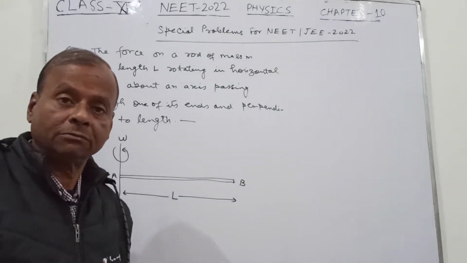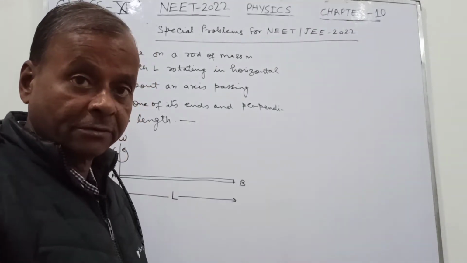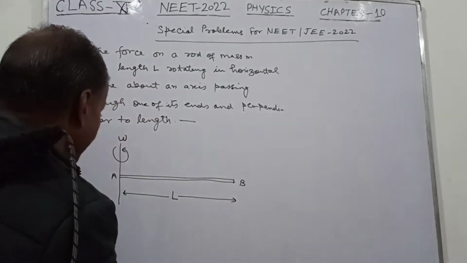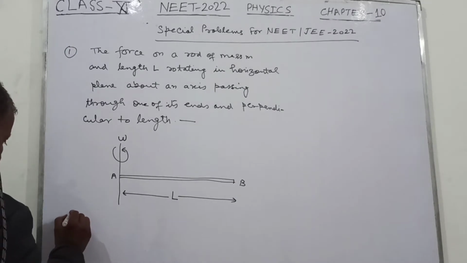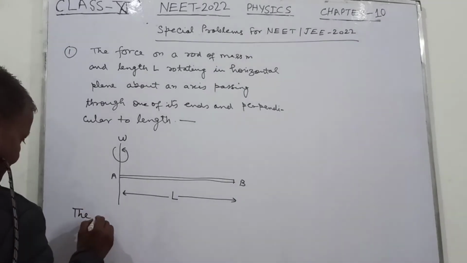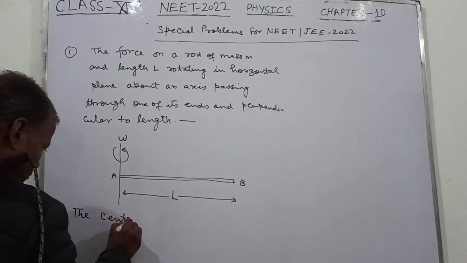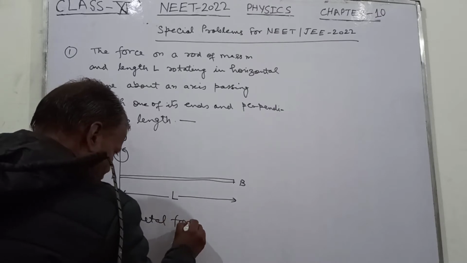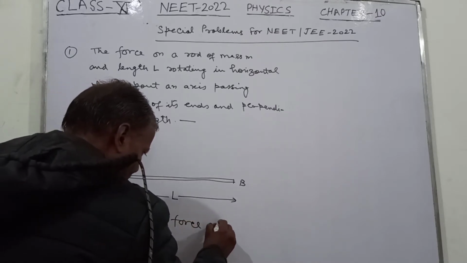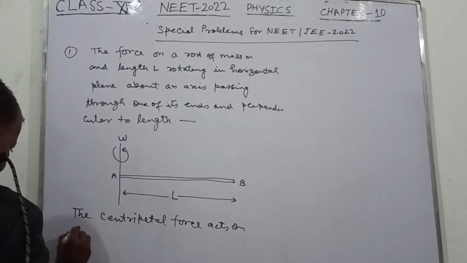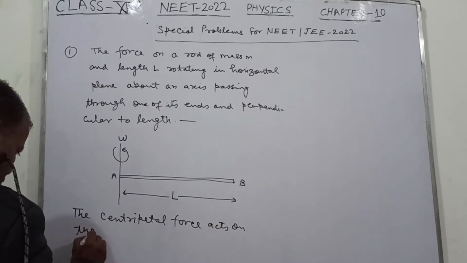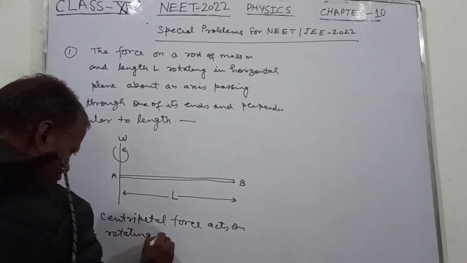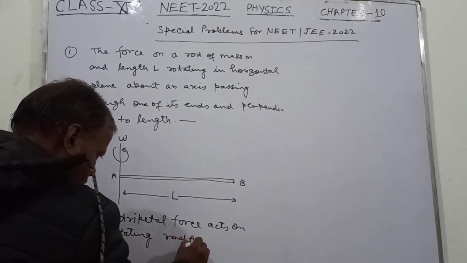So when the rod is rotating in the horizontal plane, a centripetal force acts on the rotating rod AB.